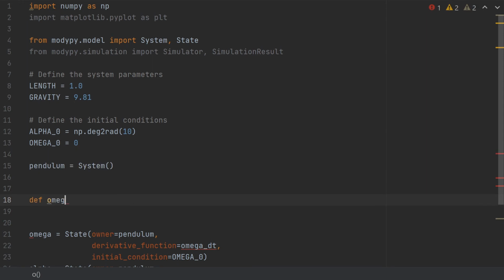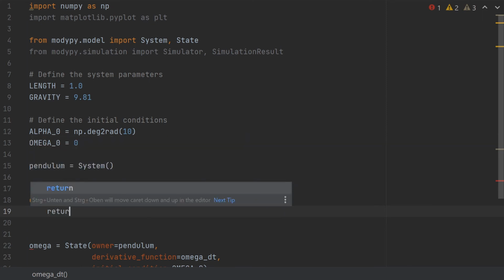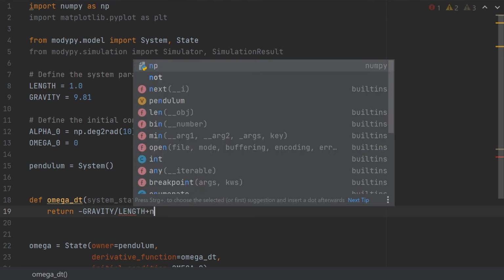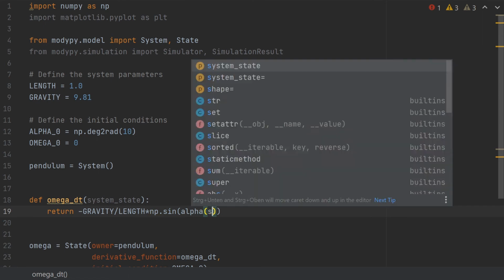So we define omega dt, and as I said, it accepts a single system state object. And we have to calculate the value of the derivative. And that is minus gravity divided by length times the sine of the state alpha.